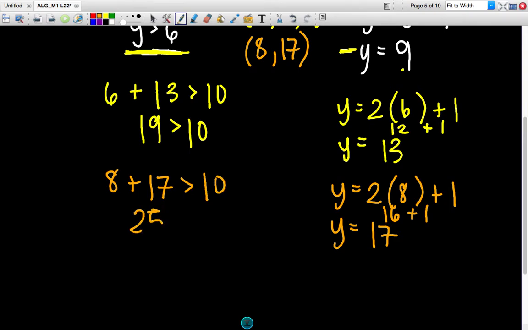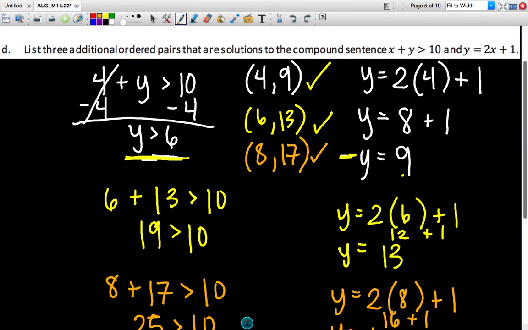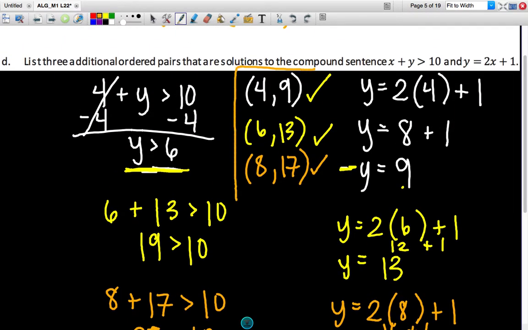And 25 is greater than 10, which means (8, 17) works. So here are three additional solutions to this compound sentence, meaning that they are both true for the inequality and equation. Yes, there could be many others that work for this, not necessarily those specific three.